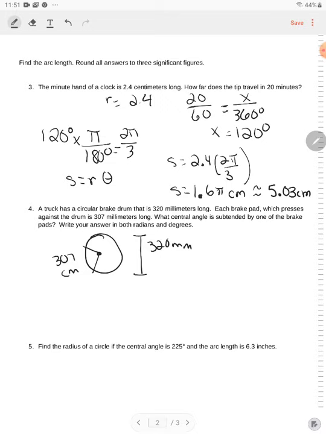So we know that if the diameter is 320 millimeters, our formula is S equals R theta. So your radius is half, 160 millimeters. We know that 307 is equal to 160 times theta.